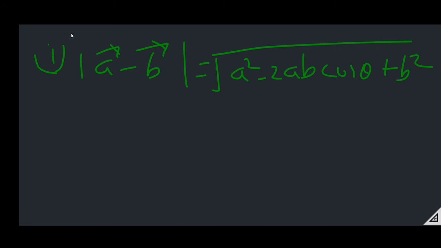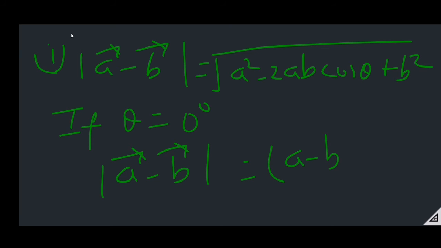Now suppose theta equals 0 degrees. Then cos 0 degrees equals 1, so it is a square minus 2ab plus b square, and root under that is either a minus b or b minus a, and it is the minimum value.